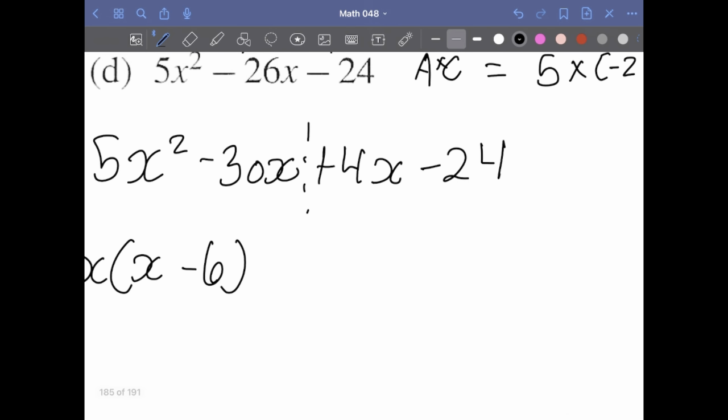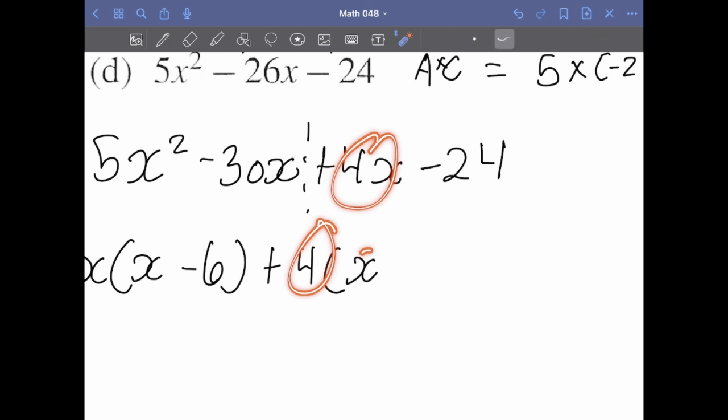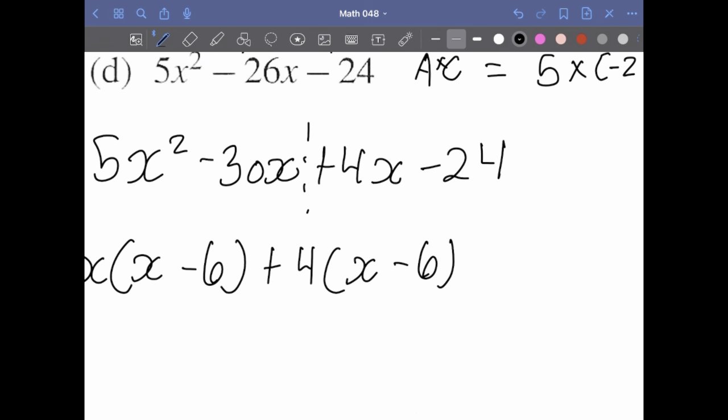Same thing over here, I see 4 is common in both, so I'm going to factor out 4, so plus 4, and I'm left with x, since 4x divided by 4 is x, and negative 24 divided by 4 is negative 6, minus 6.